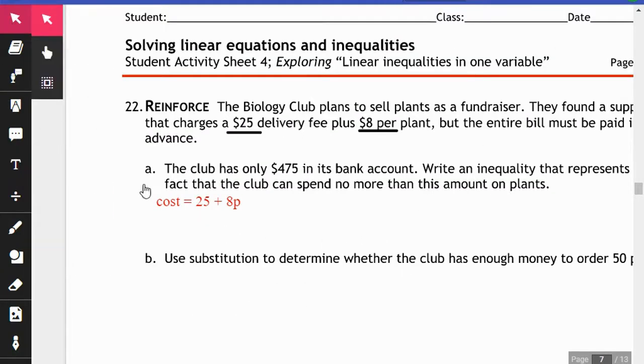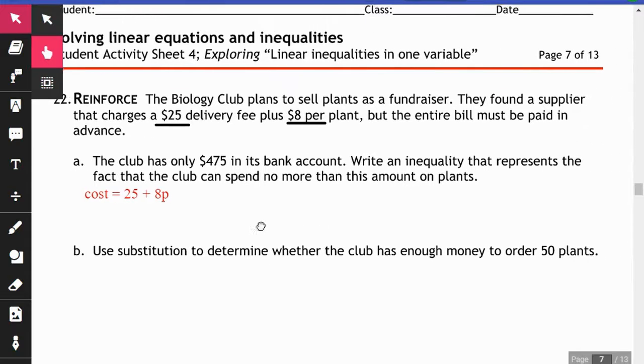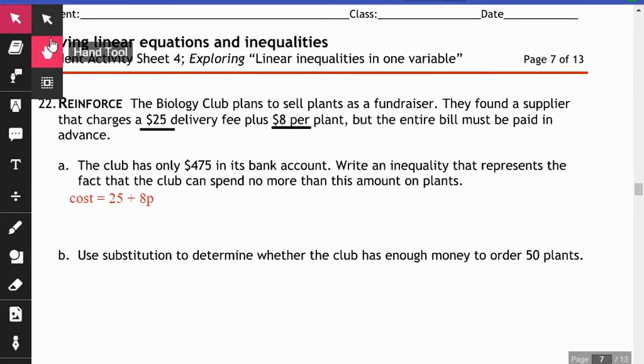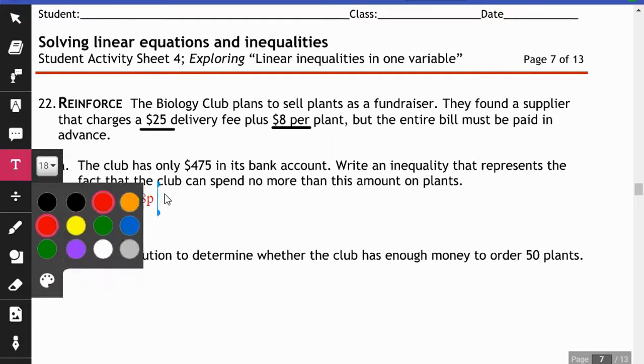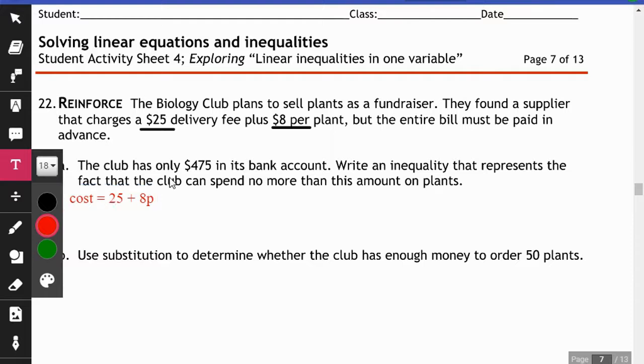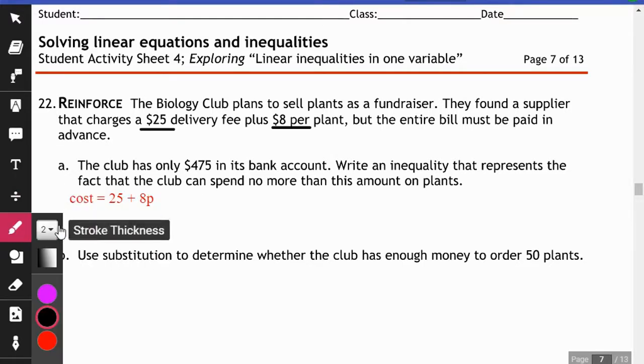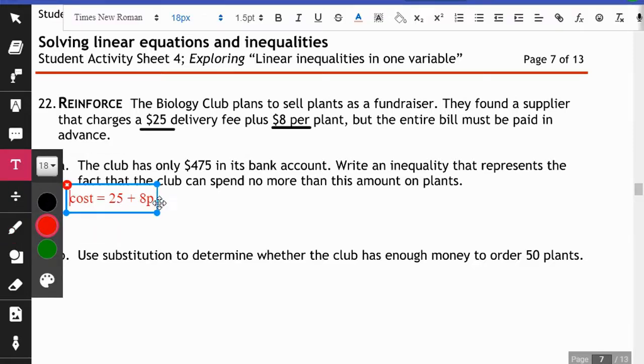And then we can also say, well, we know that the cost has to be $475, right? So we could say I know that the cost will be 475, equals 25 plus 8p. That's not exactly what they said.